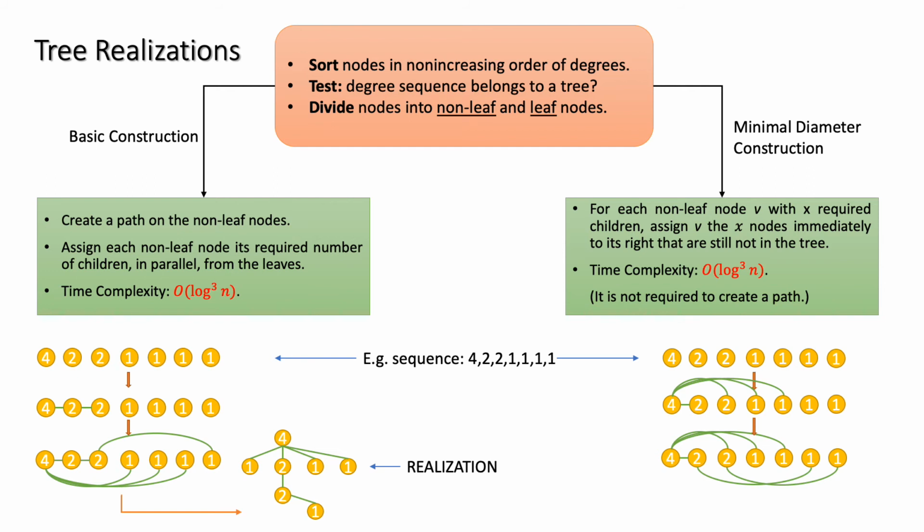We can compute locally what the positions of the nodes that need to be the children of each node are, and then multicast the ID of each node to its children simultaneously. And this is the realization that we get.